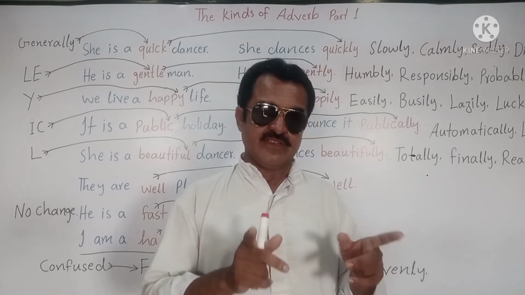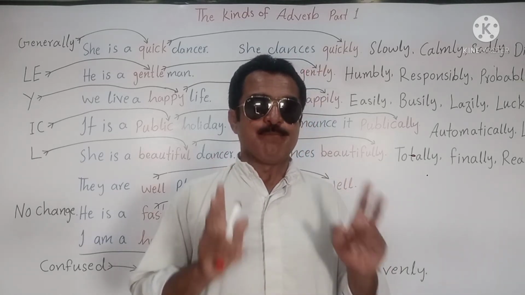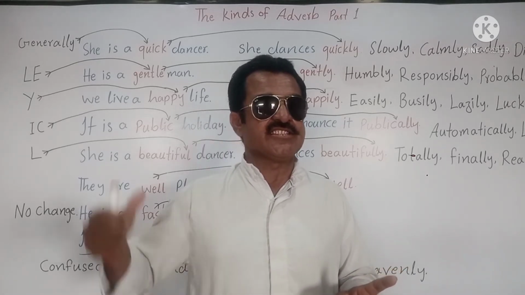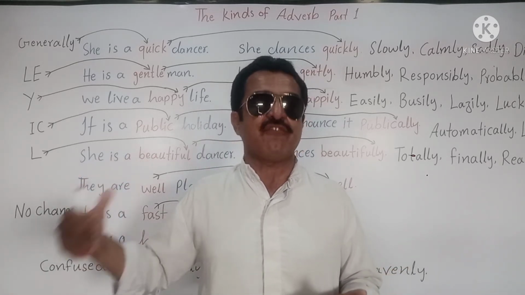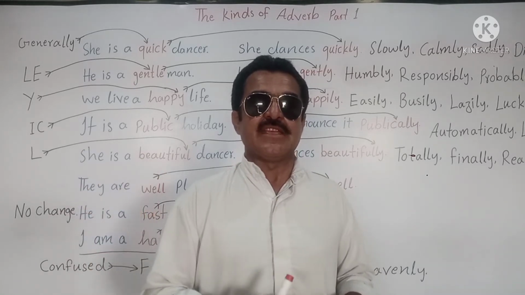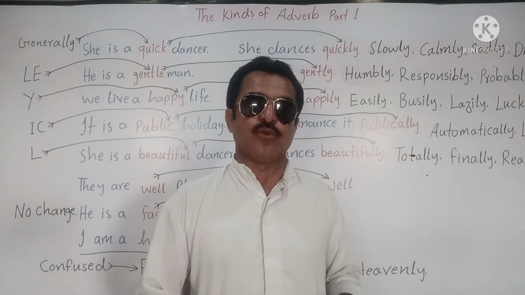This is the major sign, the major rule. You have to just put it in mind that adjectives are often, or usually, used with the verb be, is, are, am, was, were, has been, have been, or will be.